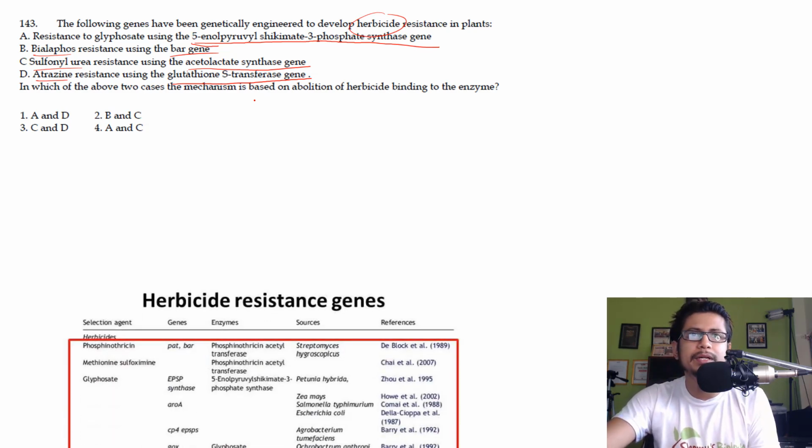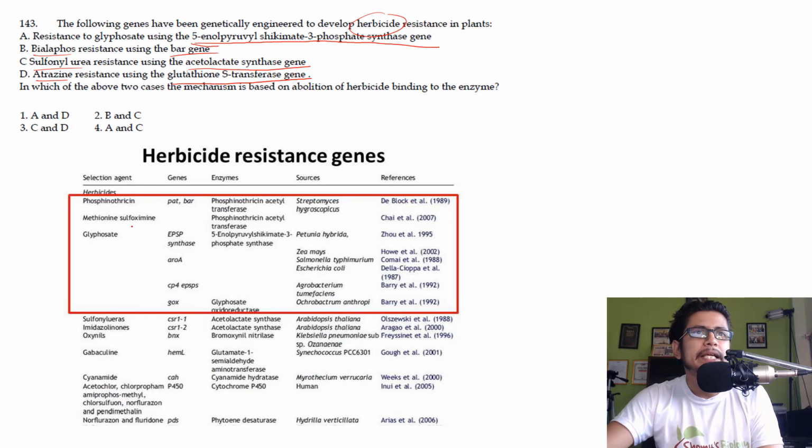So actually I'll give you a table that explains everything. You can see easily how glyphosate as well as sulfonylurea are related to the 5-enoyl pyruvyl shikimate 3-phosphate synthase gene or acetolactate synthase, and how they are linked. So we know glyphosate is with this one, and acetolactate synthase is with sulfonylurea.